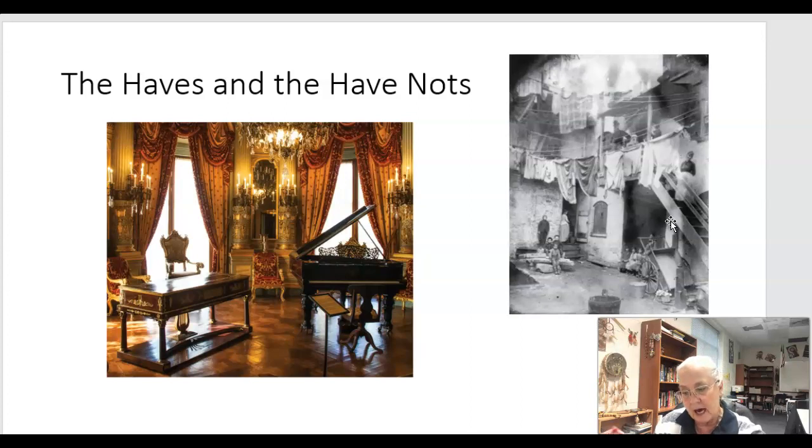Now, one of the earliest business reforms is going to be the Sherman Antitrust Act that they're going to pass in 1890, trying to control the monopolies that have been created at this point. The Sherman Antitrust Act prohibits combinations or monopolies in restraint of trade.